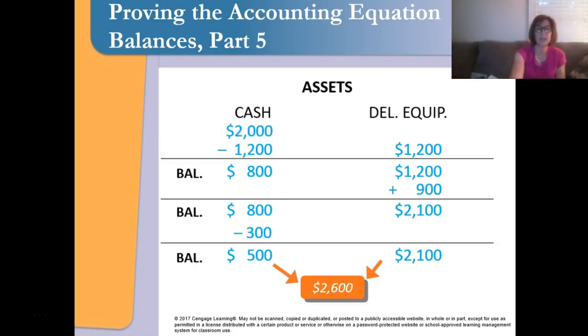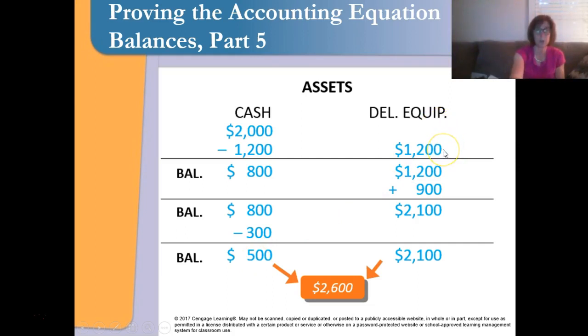So now let's look at the asset side of things. We started with cash of $2,000. We spent $1,200 of it, which left us with $800. And then we spent $300 more of it, so we now have $500 in cash. On the equipment side of things, we started with nothing.